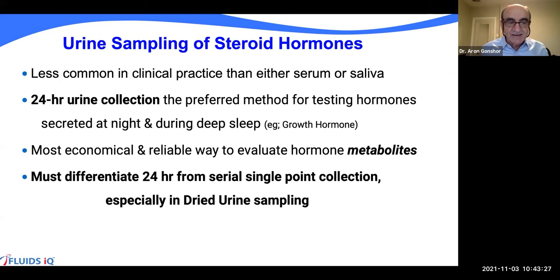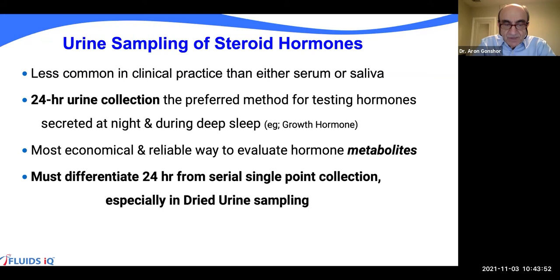I'm going to repeat that, 24-hour urine collection. It is the preferred method for testing hormones that are secreted at night, during deep sleep, like growth hormones, etc. And it is by far the most economical and reliable way to evaluate metabolites of hormones.